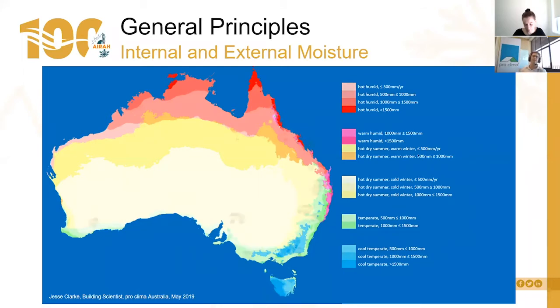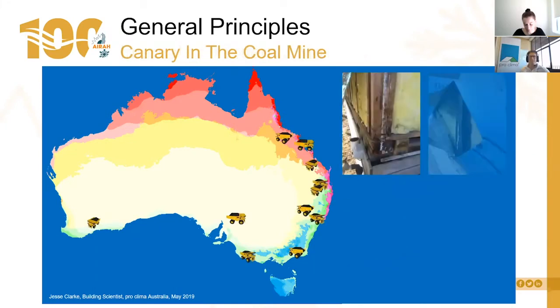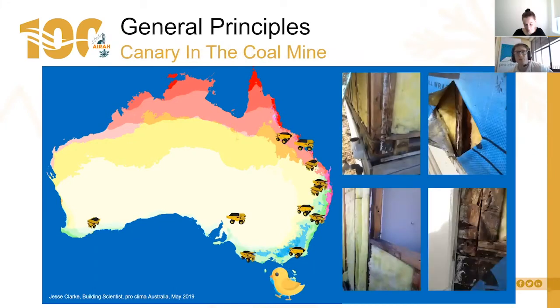Next, please. So what we have emerging is what I call the canary in the coal mine. Thank you, Tasmania, for highlighting the issues for us. Or maybe the canary just outside the coal mine, because mainland Australia is really where all the coal mining is happening.